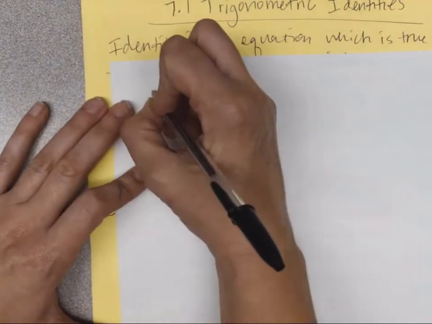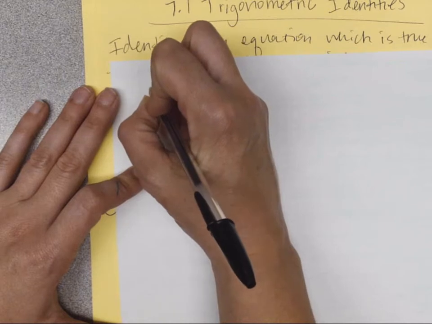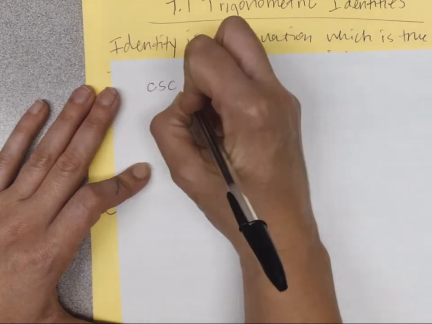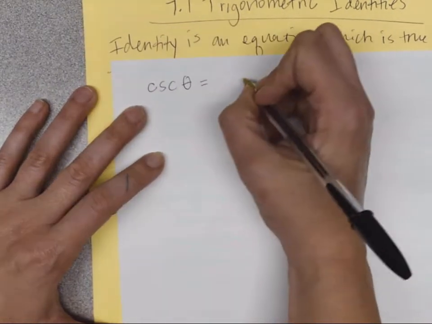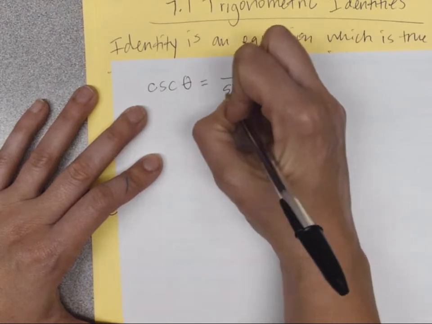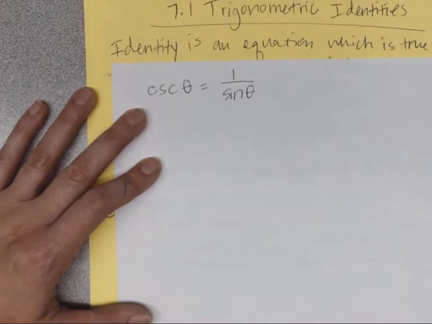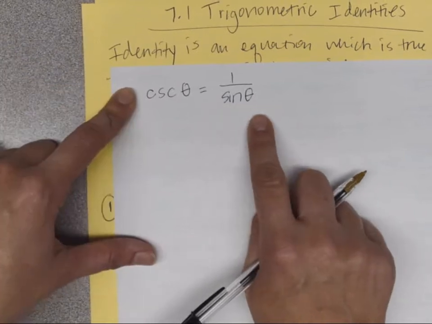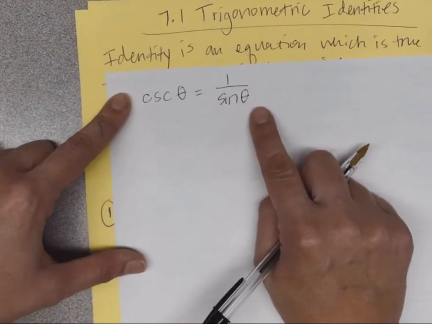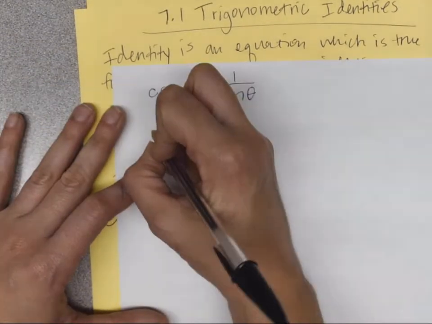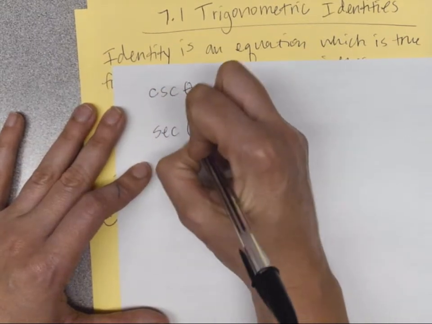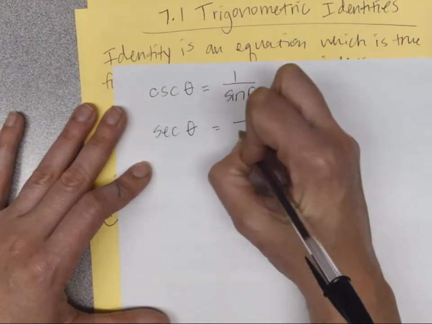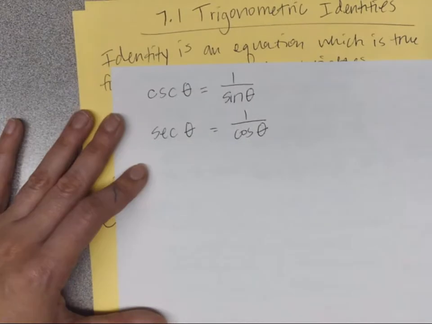I know that cosecant of theta is the same as 1 over sine of theta. And if you already have a sine in your problem and then you have a cosecant, it might be nice, or it might help to plug this in, and it might simplify it a little bit. I know that secant of theta is the same as 1 over cosine of theta.